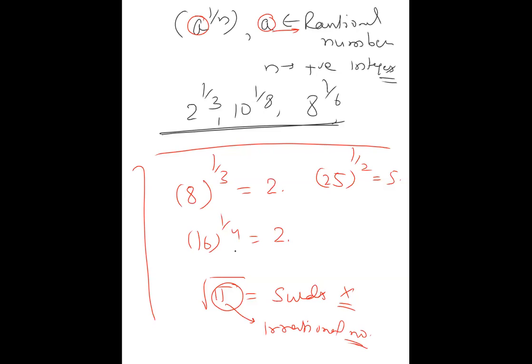So this form, like what we said, a to the power 1 by n, right? Where a must be a rational number and n is a positive integer. This n is known as the order.